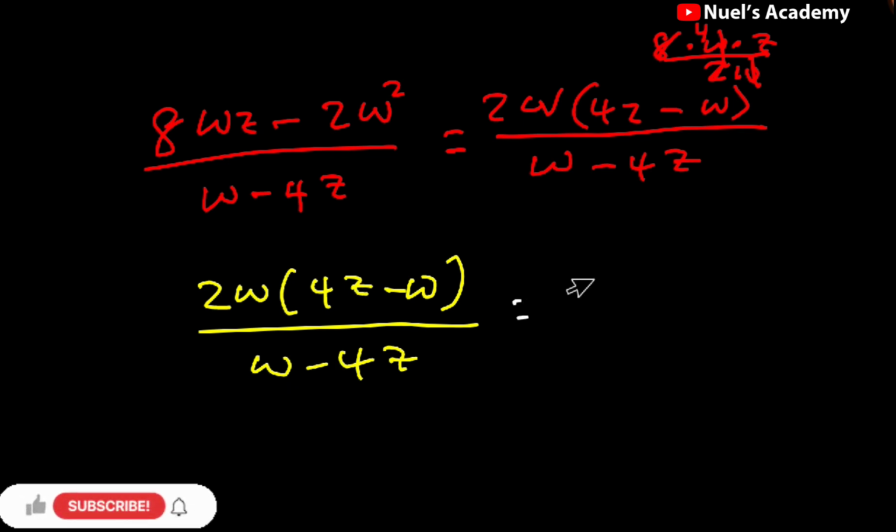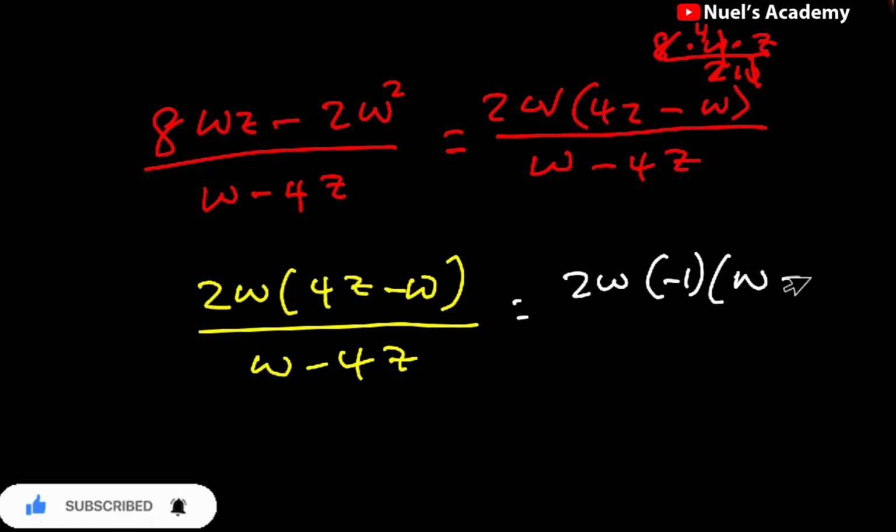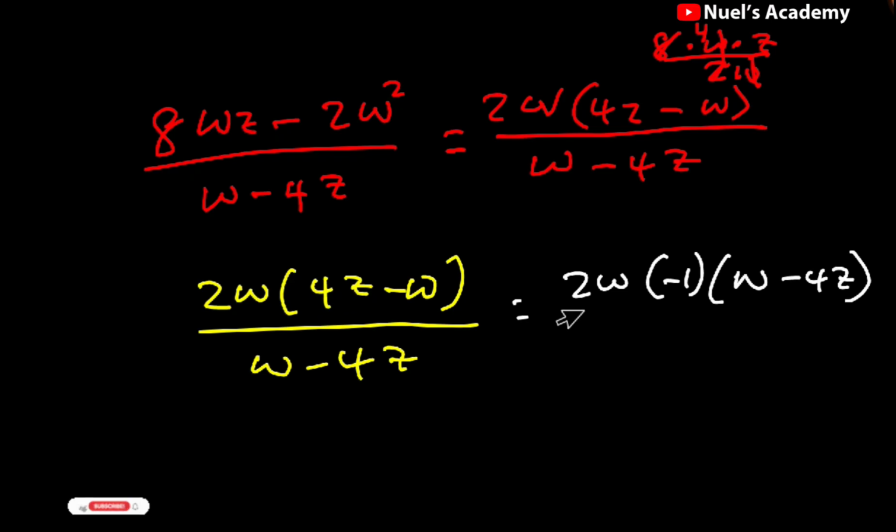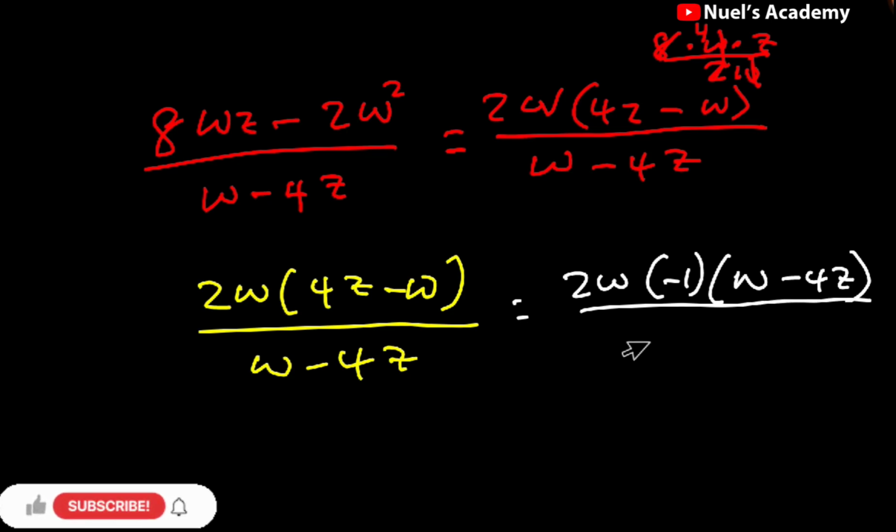So let's factor out. You have 2w, let's factor out -1, then reverse the signs. Negative w will be positive w, and then plus 4z will be minus 4z. This will be divided by w minus 4z. So as you can see, they are now common.